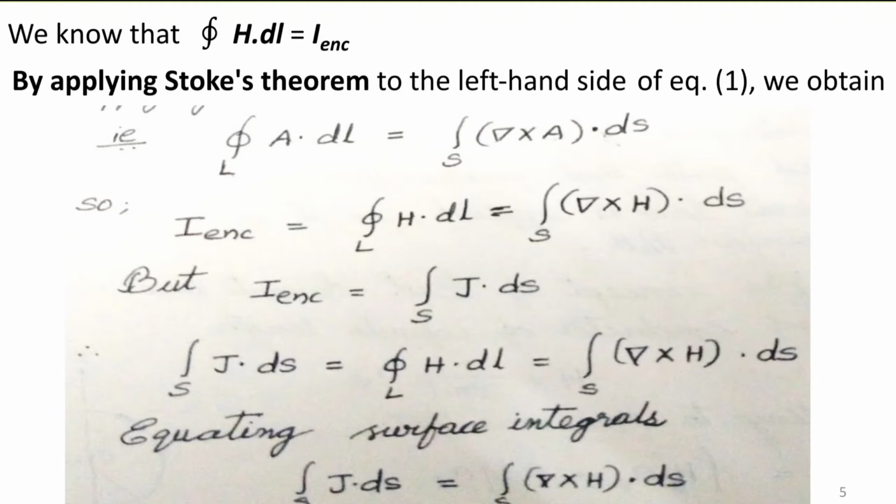Now, from this equation, if we equate the surface integrals, then we get integral over S of J dot ds is equal to integral over S of del cross H dot ds. So, we get a clear understanding of equating two surface integrals.